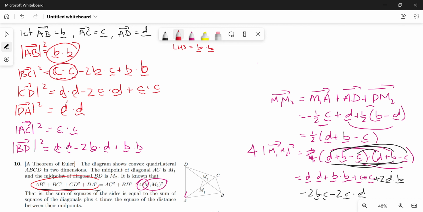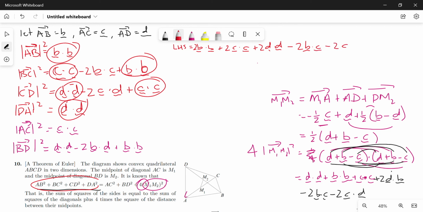I've got a c dot c and a c dot c, so I've got 2 c dot c's, and I've got 2 b dot b's. Do I have 2? Yeah, I've got 2 d dot d's as well. And then I've got minus 2 b dot c and minus 2 c dot d. Hopefully I've included all that red stuff.